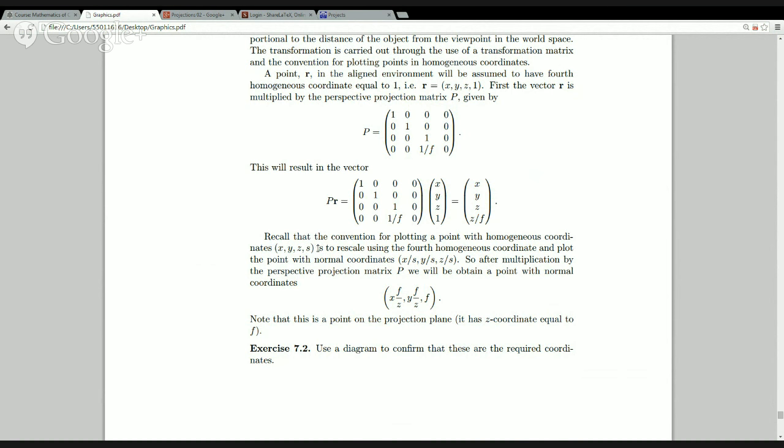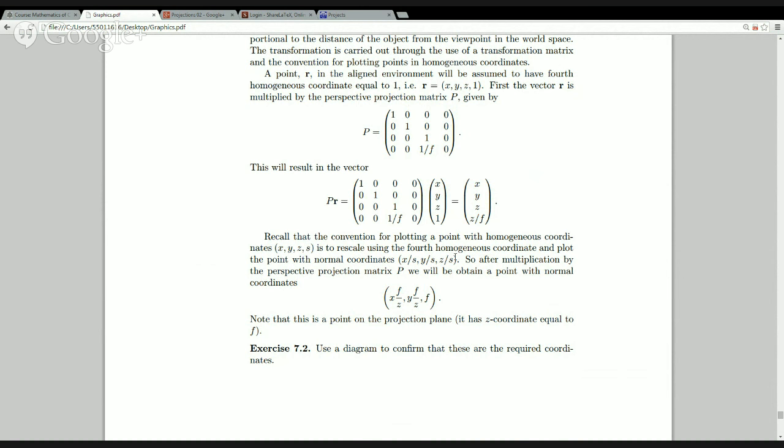Okay. Now, if that's equal to 1, as it normally is, that doesn't make any change to the first 3 components. When you divide them by 1, they still have the same values. But when that fourth component is not 1, that's when the x, y, and z will change.